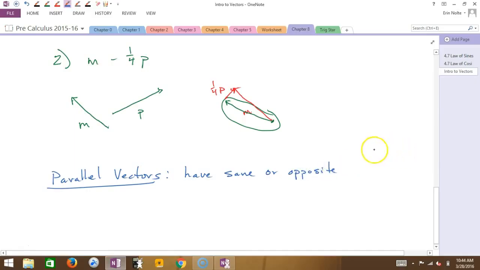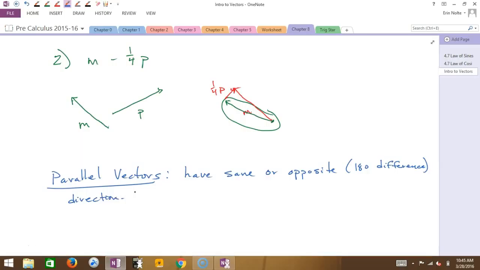So you might give yourself a little note what is meant by opposite, so like 180 degrees difference. And you could even add on there that it doesn't necessarily have to be the same magnitude. Okay, so FYI, if we had a and b as our two parallel vectors, you write that notation like that. So you see those two little parallel lines.